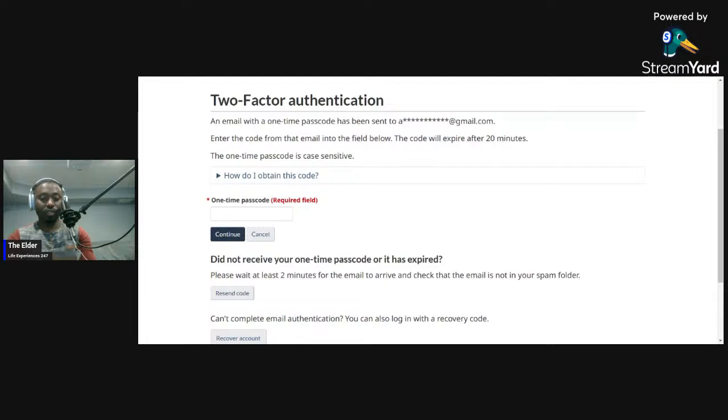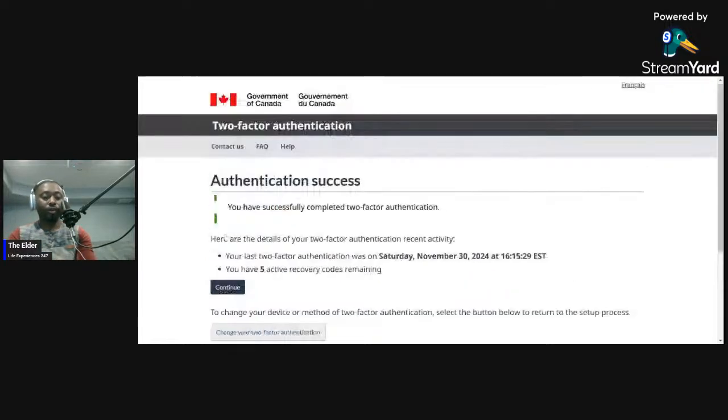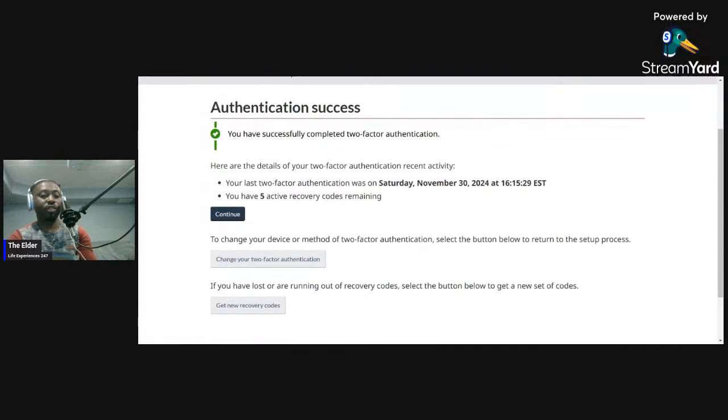Where is it? Yes, it's in. So my code is okay. Continue. So you have successfully completed your two-factor authentication. So now that is done, continue.